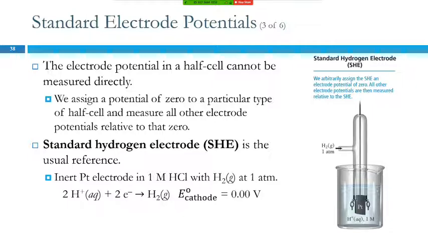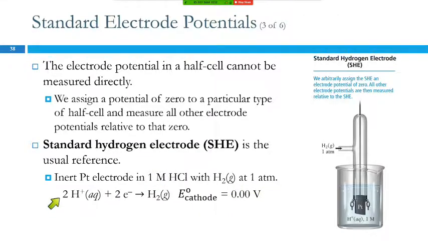And so the 0 is called the standard hydrogen electrode, often referred to as SHE. And here is the standard hydrogen electrode. We've got platinum in here in a solution of 1 molar acid, and we've got hydrogen gas up here, and the hydrogen gas is at 1 atmosphere. So those are standard conditions, 1 molar for solutions, 1 atmosphere for gases.